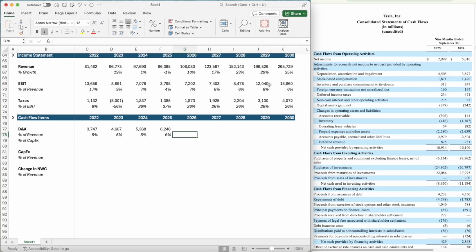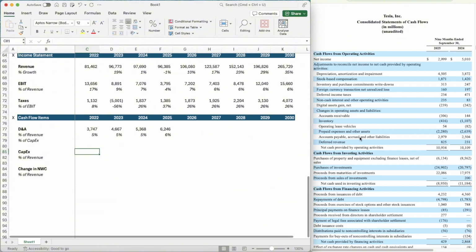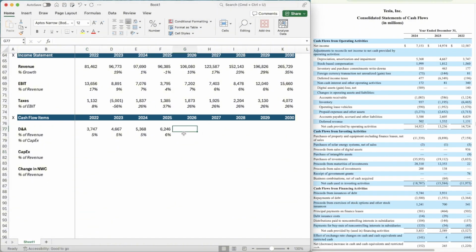And going forward, okay, let's go on to CapEx now. Actually, no, sorry, let's target this out for the next few years. We'll keep it at 6%, but CapEx probably have to put maybe 7 to 9% of revenue.